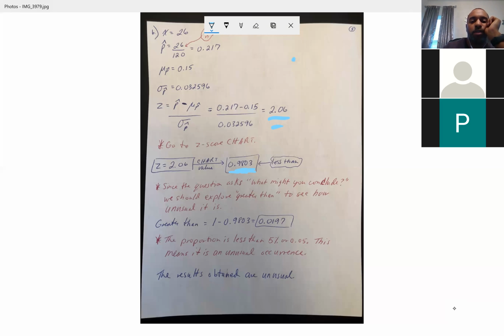And always the chart value that we get is less than. So let's look at analyzing what we have. Since the question asks what might you conclude, we should explore greater than to see how unusual it is. So in order to explore greater than, we subtract it from 1.